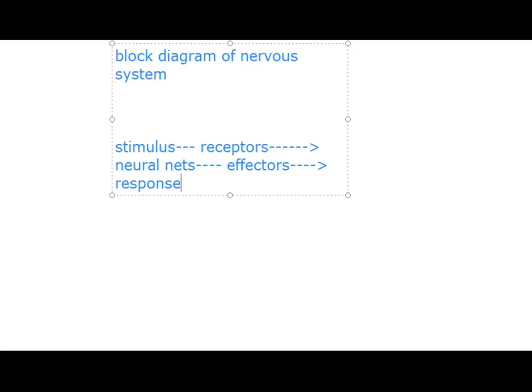After making such a response, these are the effectors, and after the effectors is the positive response: yes, this is a single-seated four-leg object, this is a chair. Then you go and sit on the chair. That is the response. So this is the block diagram of a nervous system, which works in this flow chart. You can say that this works in your brain.